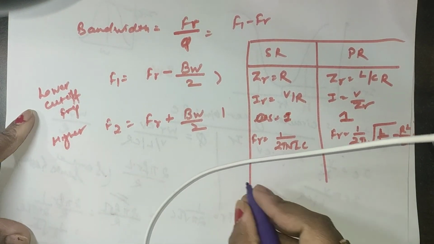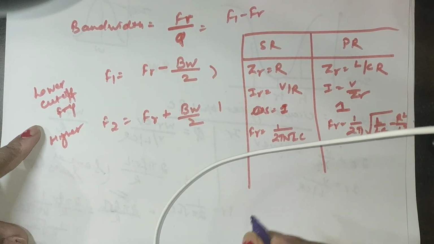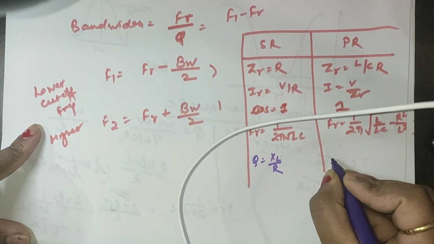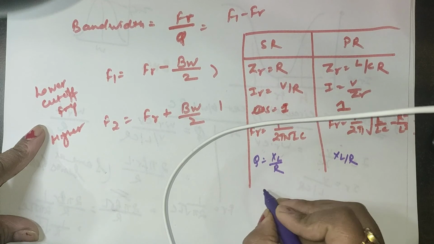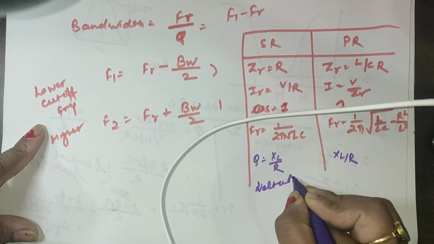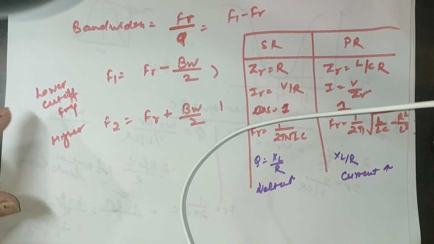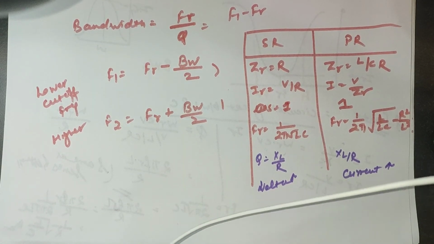Quality factor in series resonance will be XL upon R and this is also XL upon R. सीरीज रेजोनेंस में वोल्टेज इंक्रीज होती है, पैरेलल रेजोनेंस में आपका करंट इंक्रीज होती है. सो दिस इज द डिफरेंस बिटवीन सीरीज रेजोनेंस एंड पैरेलल रेजोनेंस.